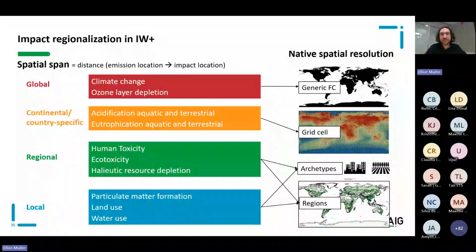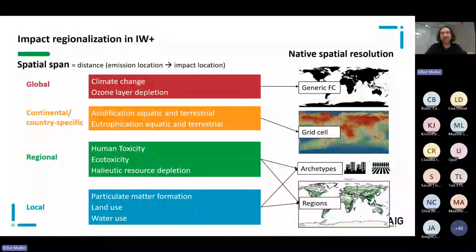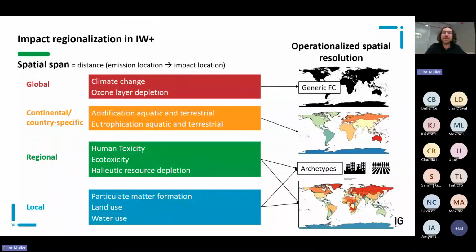So those are the native spatial resolutions we use when we calculate the characterization factors, and then we aggregate some of those characterization factors in order to operationalize them and make them easier to use in the typical LCA tools, at the continental or country-specific scale.